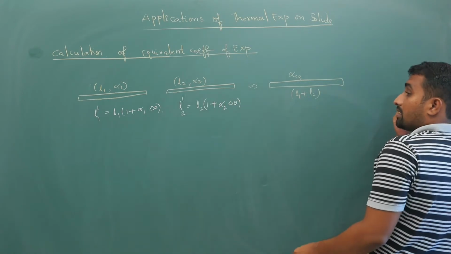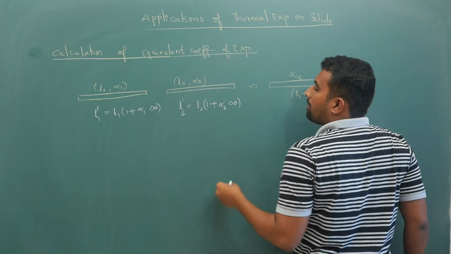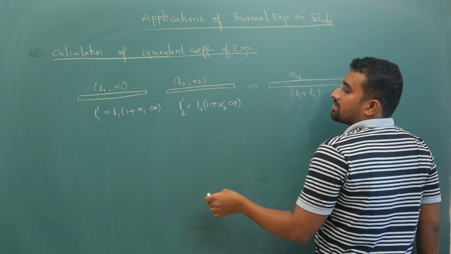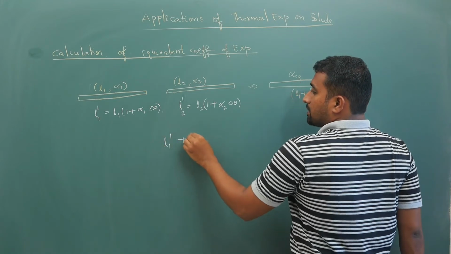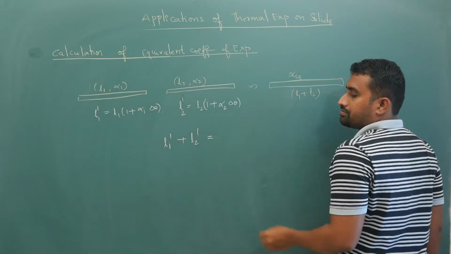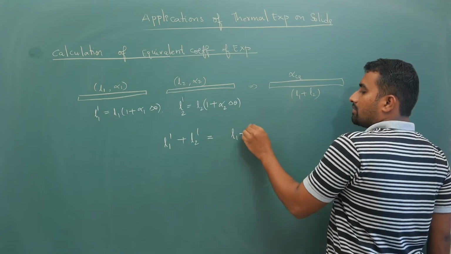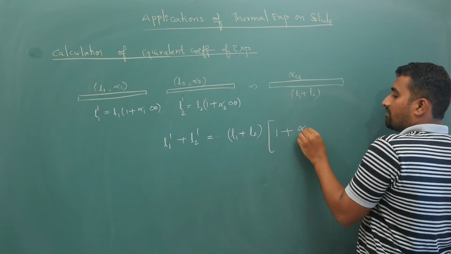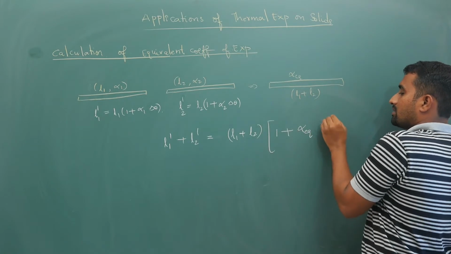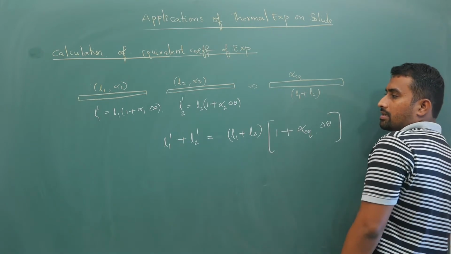Now when they are connected such that they combine, L1 dash plus L2 dash is the initial length of the equivalent rod, L1 plus L2, times 1 plus alpha equivalent into the same temperature difference delta theta.